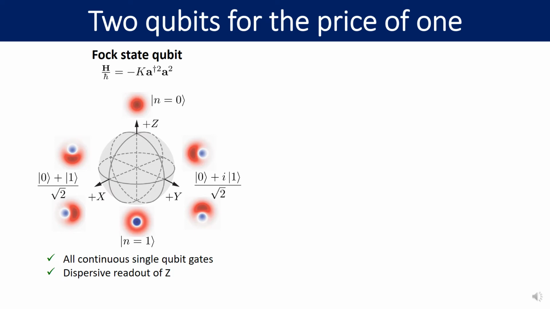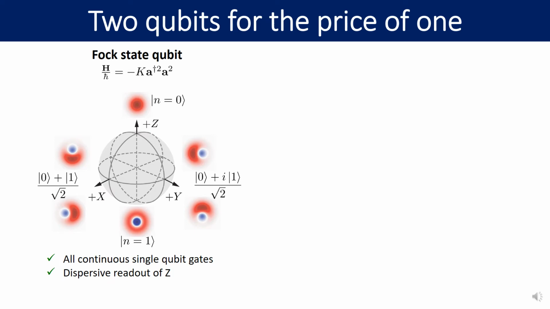And that, to good approximation, is actually the Hamiltonian of a standard superconducting Transmon qubit, where you can selectively address the transition between the vacuum state and the one photon Fock state, and you encode a qubit into superpositions of these two states. And this is a system we know very well, that we control very well. So we have all continuous single qubit gates here, and we have the standard dispersive readout along the z-axis.